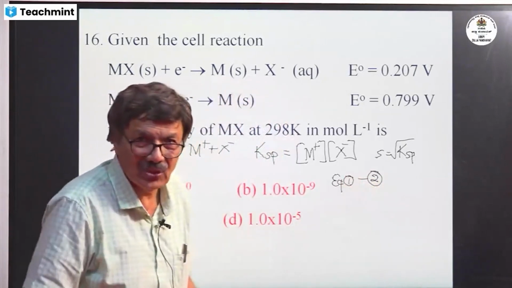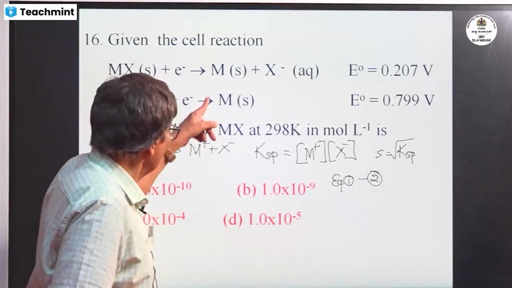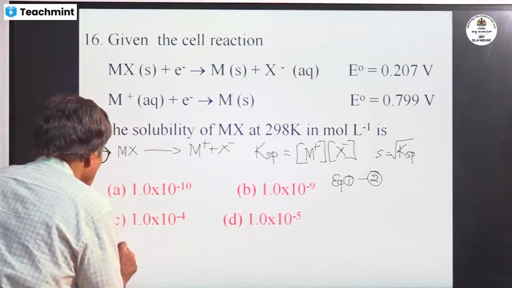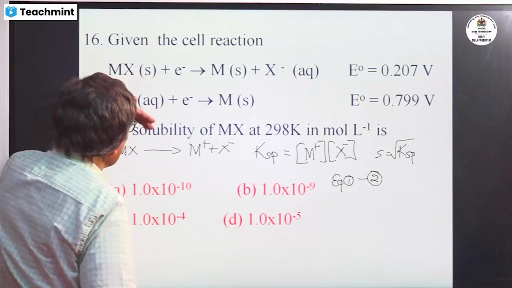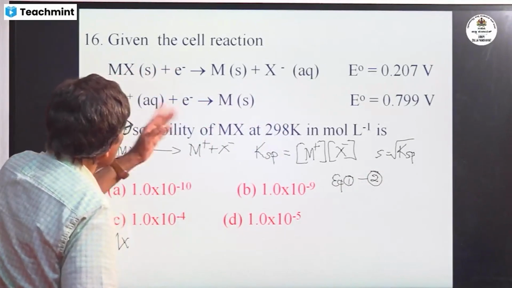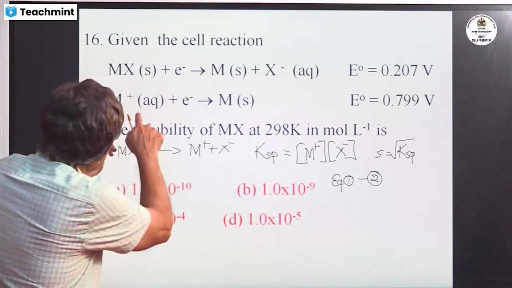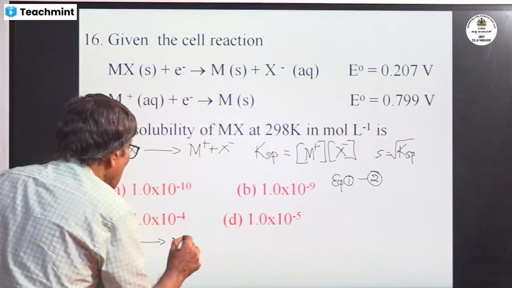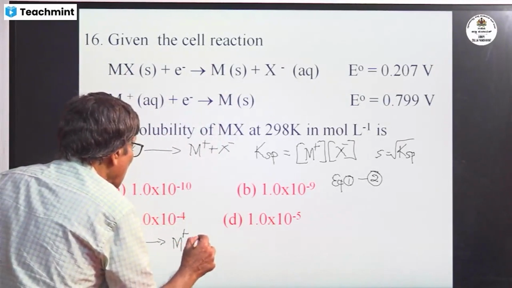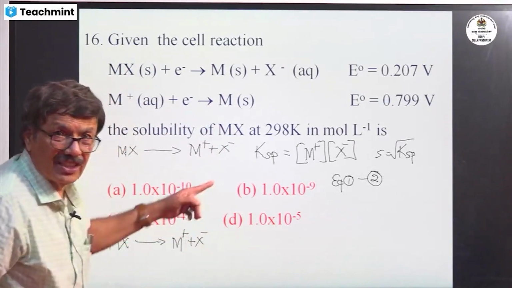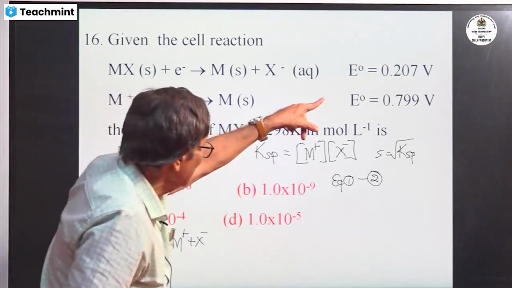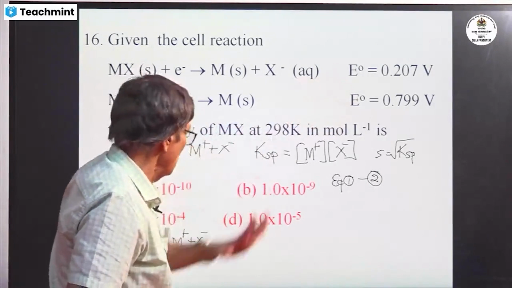Equation 1 minus 2: electron gets cancelled, M gets cancelled, this becomes minus, giving M plus, X minus. Is it not the same we are getting? Equation 1 minus 2 will do the same thing.